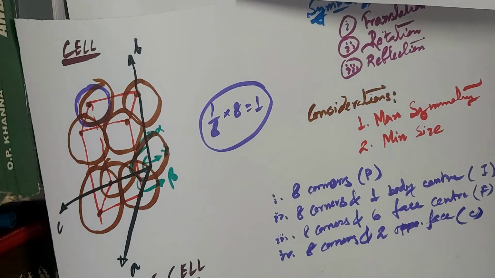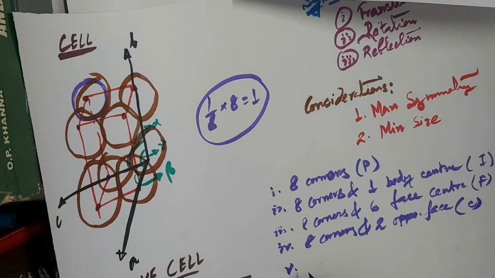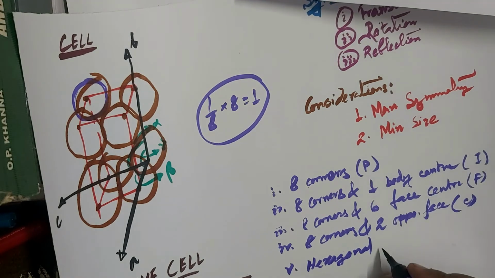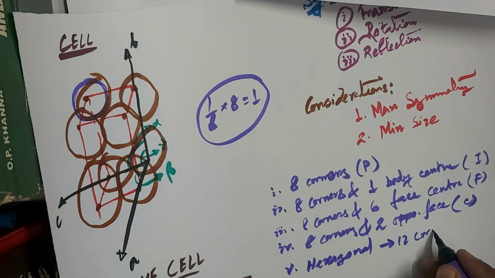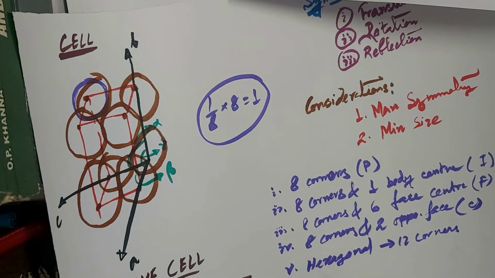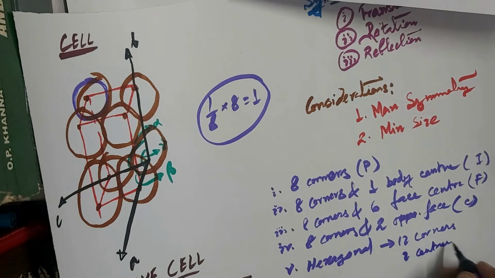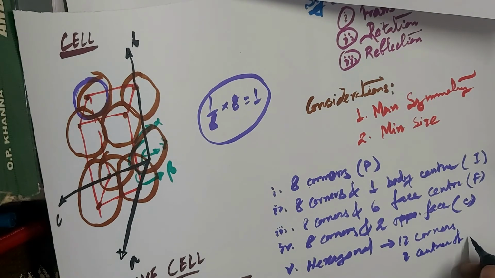This is C. And the last one is hexagonal unit cell, which has 12 corners of the hexagonal prism and 2 centers of the hexagonal faces.